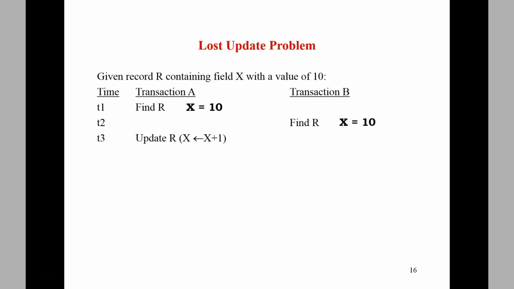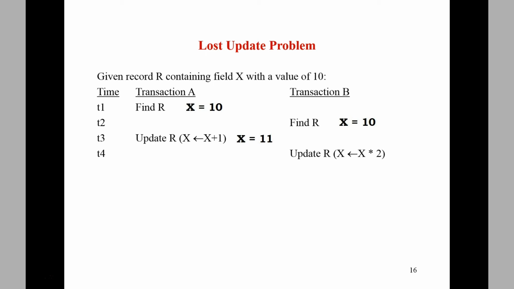Then at time t3, transaction A is resumed, and it chooses to update record R by changing the value in X to X plus 1. It increments the value of X, so it produces a value of 10 plus 1, or 11. Now remember, transaction B, when it resumes, has the same exact copy of record R that transaction A had been working with.